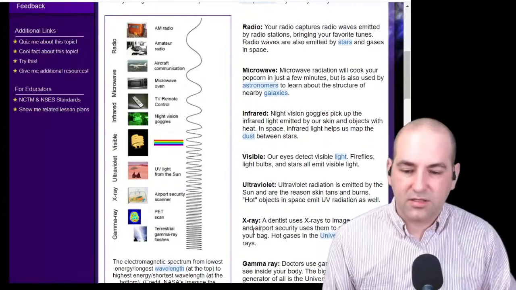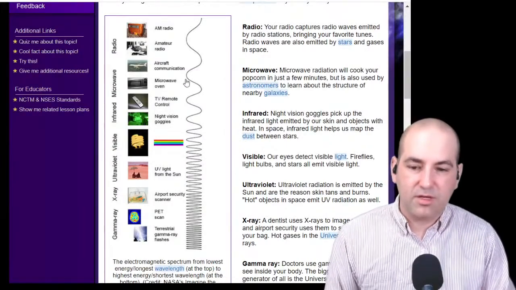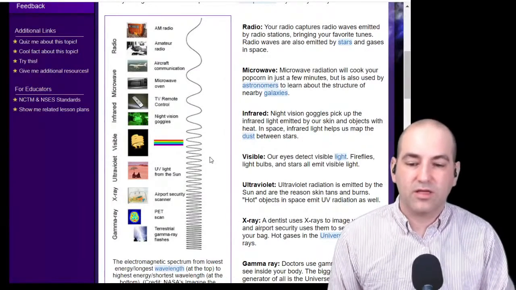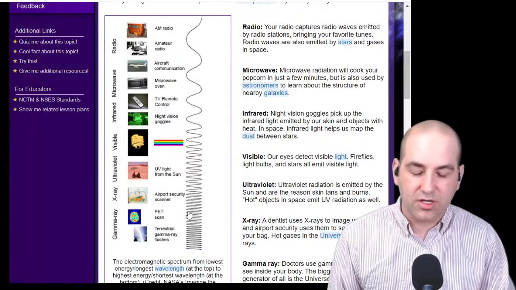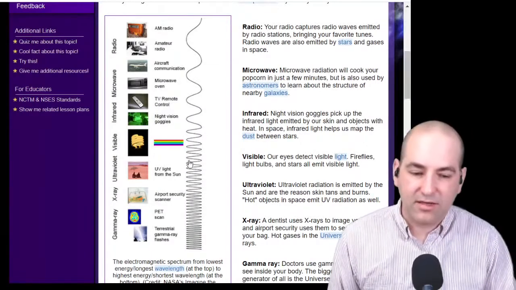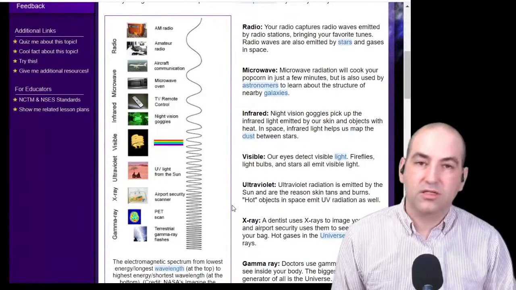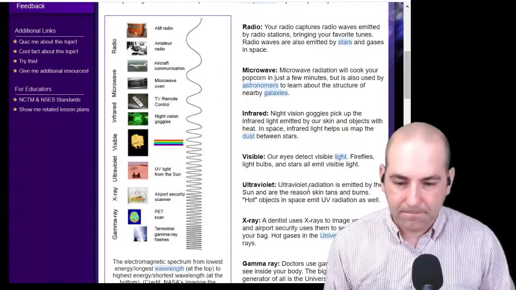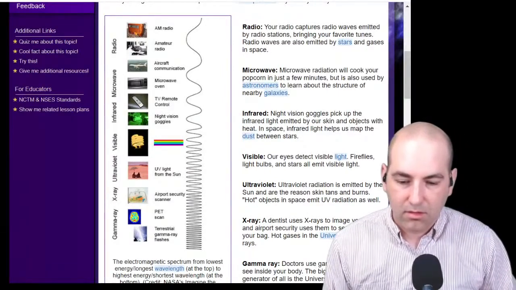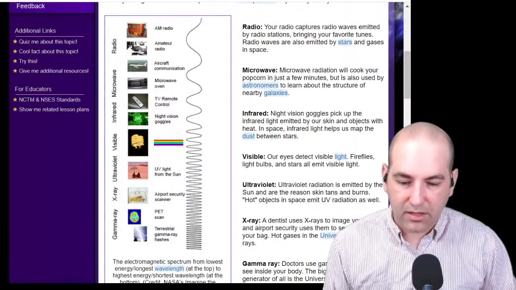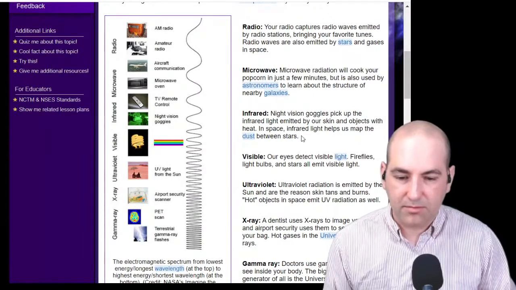All right, so that's the electromagnetic spectrum. It can be discussed in terms of energy as well as wavelength. So you can see that in this picture here, as the wavelength gets smaller, the energy gets greater. Okay, so if we go back into our document here.